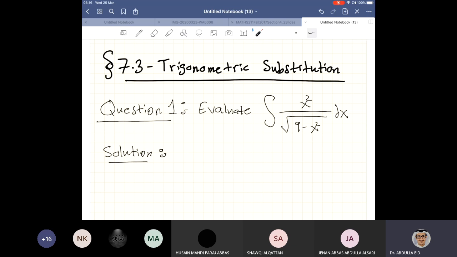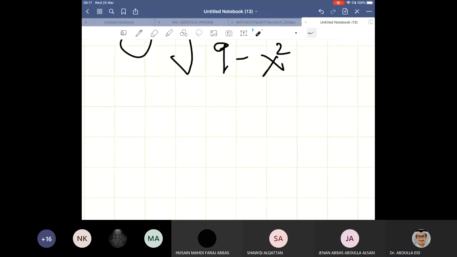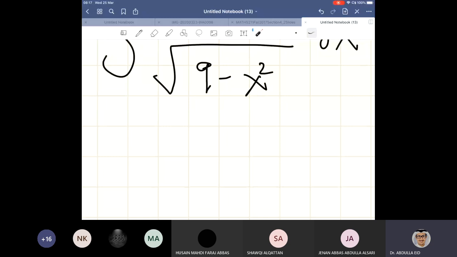I want you to look at this one, and I want you to focus on this one, 9 minus x squared. Let me give it an extra look here.